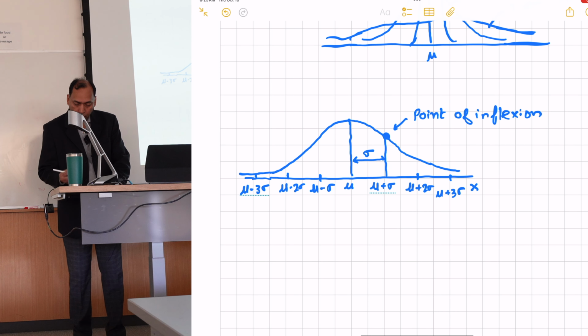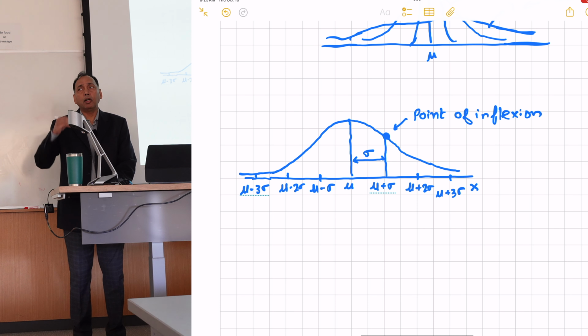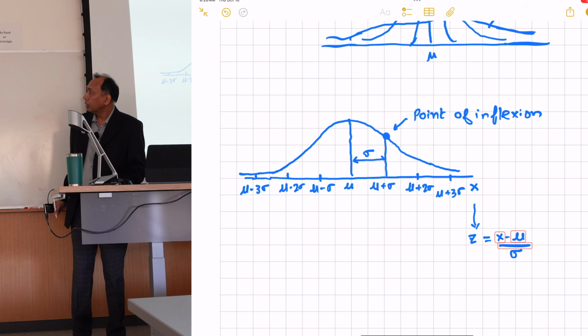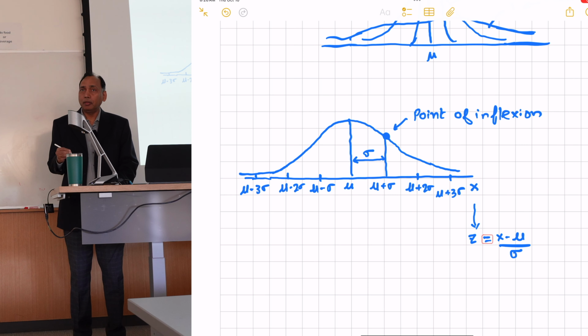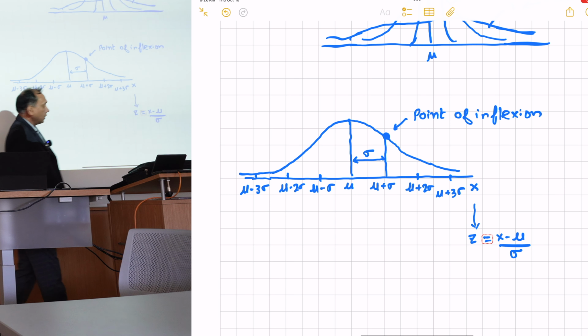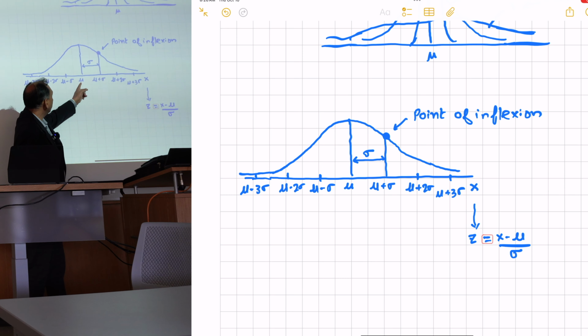If you convert x into z, if you recall in the second chapter, we made use of the z-score. So sometimes people also work with z. So z is equal to x minus mu divided by sigma. If you do that transformation and convert this x-axis to a z-axis, x minus mu, so mu minus mu becomes 0, divided by sigma.